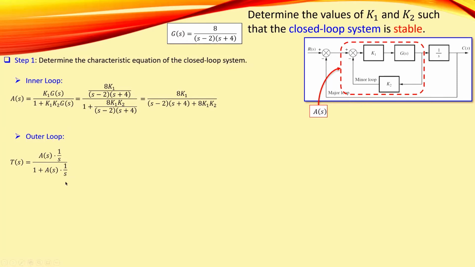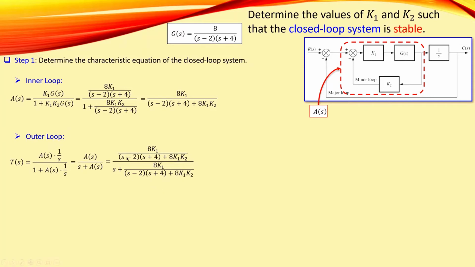So this is actually the expression. Now if I simplify this, multiply the numerator and denominator with s, I have the following expression, and I can now substitute the expression of A(s), which is now shown here. Of course, we need to simplify this in order to determine the characteristic equation.